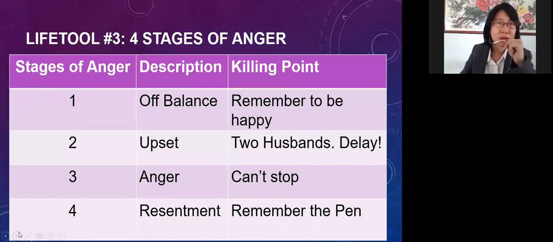Hold on, or remove yourself from that scene that is making you feel angry. And lastly, if we can't, and we burst into anger, actually when we are angry, we can't do anything because it's already the result of a seed that's ripening. But after anger, there's something that we can do. We must quickly remember the pen and then pull ourselves back to the happy stage again.